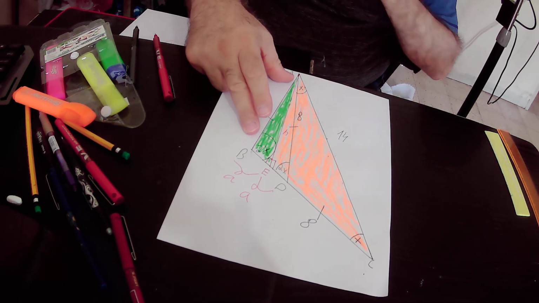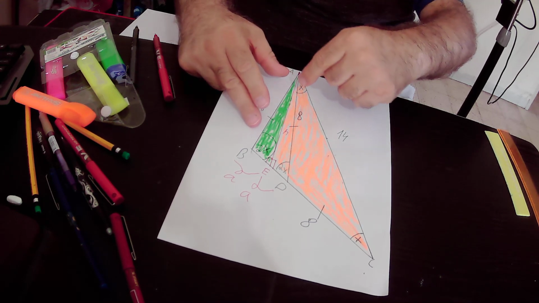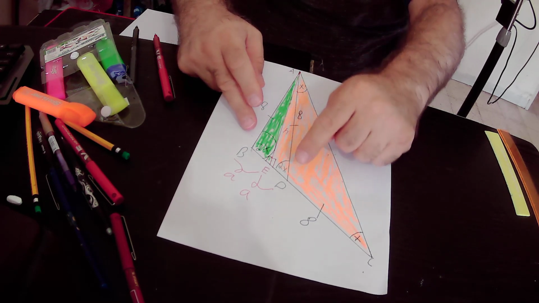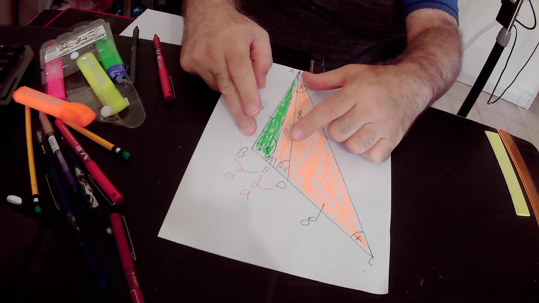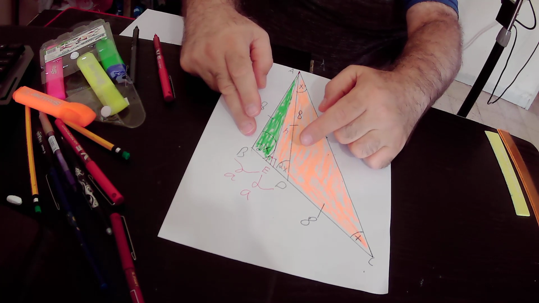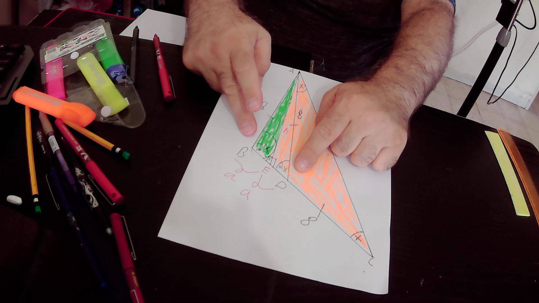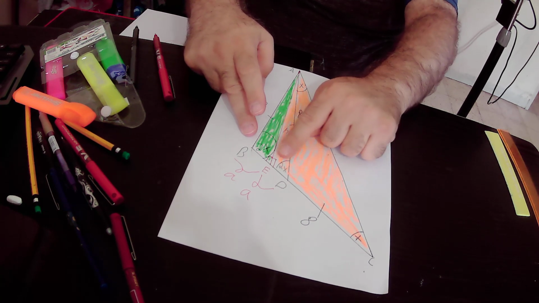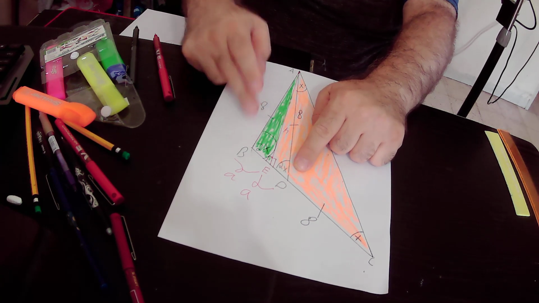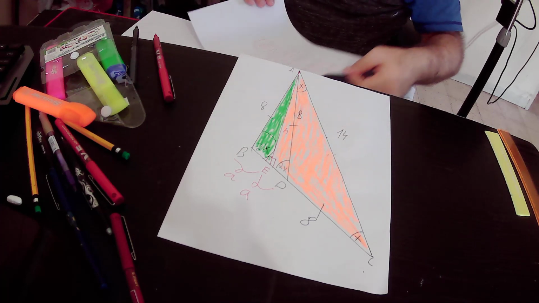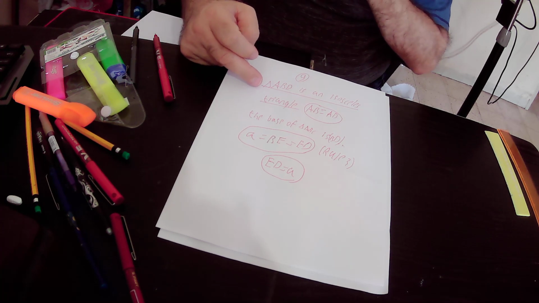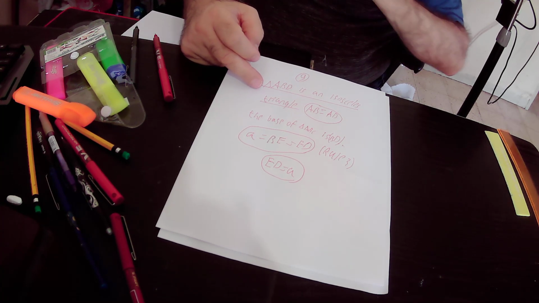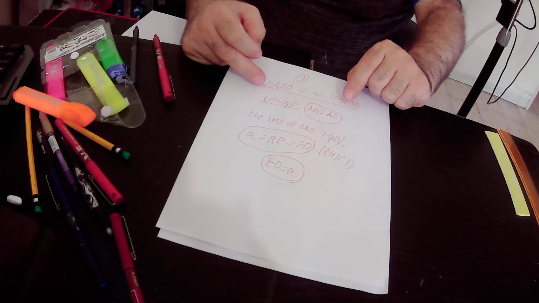According to rule number 3, if we draw the height from point A to the base BD of the isosceles triangle ABD, the height AE divides the base BD into two equal parts.